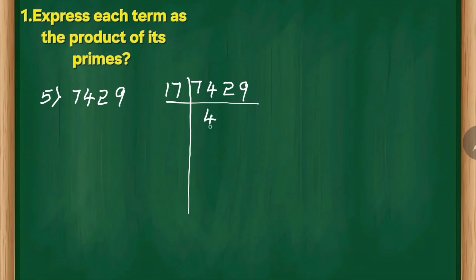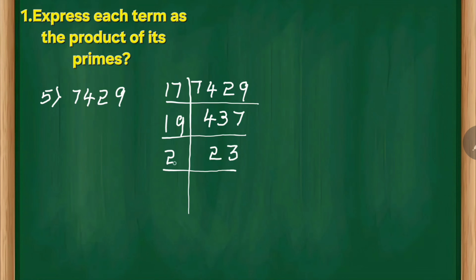So let us divide 7429 by the prime number 17 and we get 437 after dividing it. Then 437 can be divided by the prime number 19. So by dividing 437 by the prime number 19 we get 23. Then 23 can be divided by itself. So after dividing it we get 1.